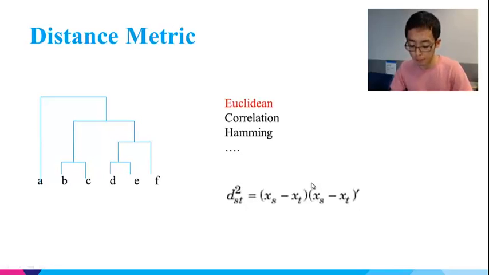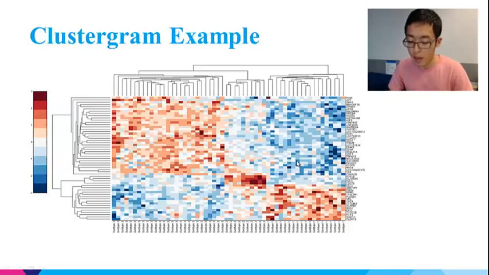One special case may be, for example, your dataset is binary, and you may want to use Hamming distance as your metric because it is specially designed for binary data. Look at this picture again. You can see hierarchical clustering is performed twice in both directions, column-wise and row-wise. These two clusterings are independent of each other because the order of components does not matter when you compute the distance between two vectors.